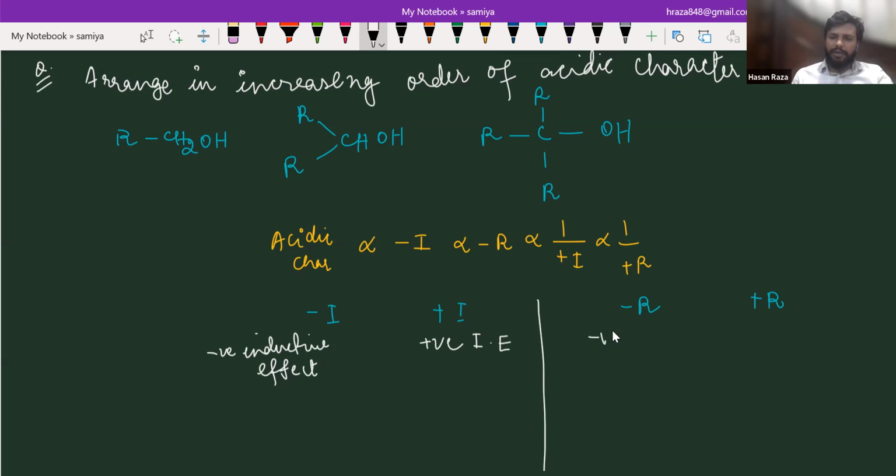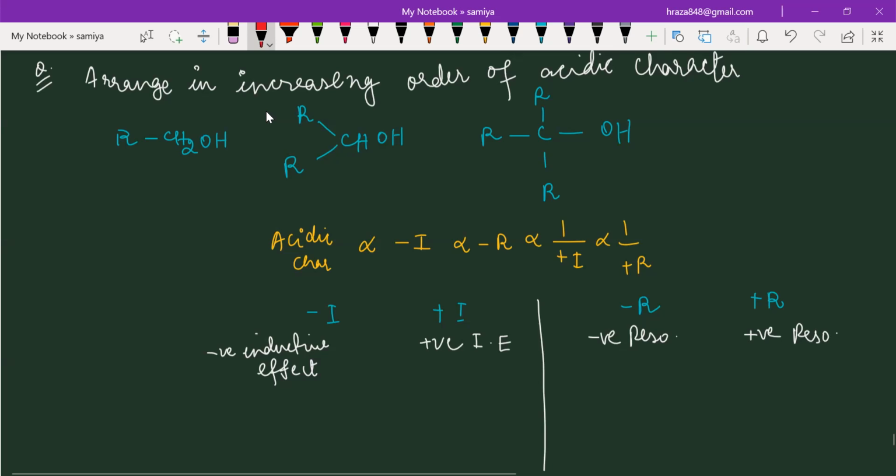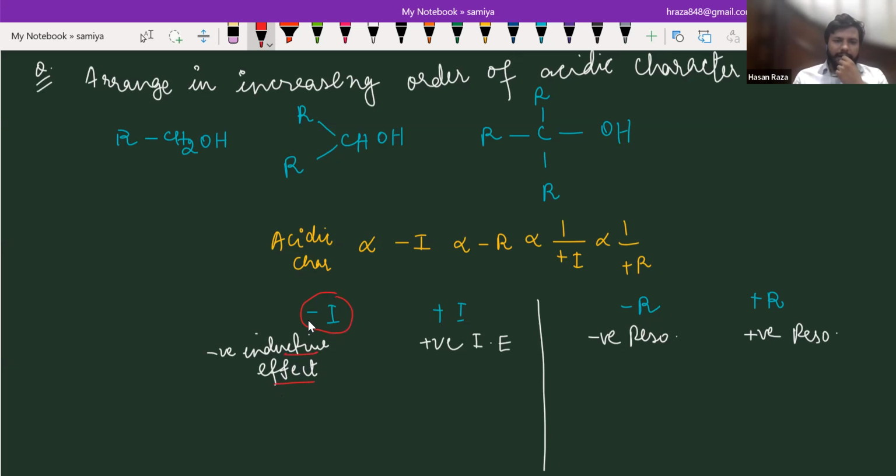And this is negative resonance or mesomeric effect, and this is positive resonance. Is that clear to everyone? Am I clear to you now?